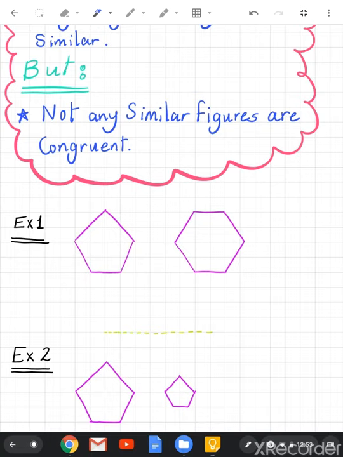They are not similar, because they are different shapes. And because they are not similar, of course they are not congruent. If they are not similar, they will not be congruent.